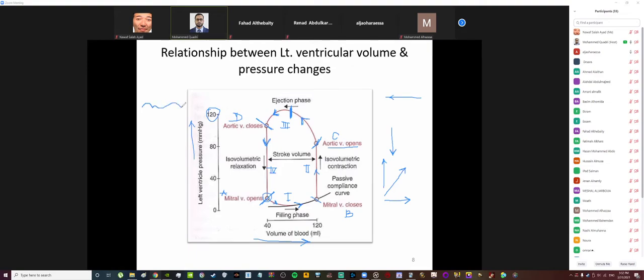After the fall of the A wave, if you are expecting the filling, just imagine that there is no isovolumetric contraction phase. Because of the filling, the pressure will slowly rise to the V wave. Are you getting my point?